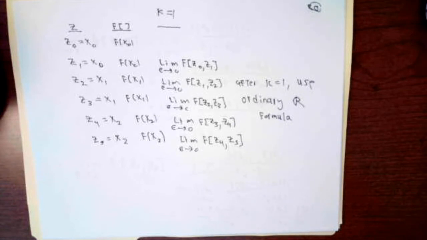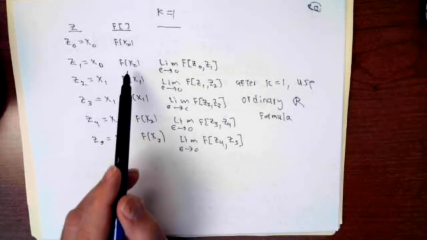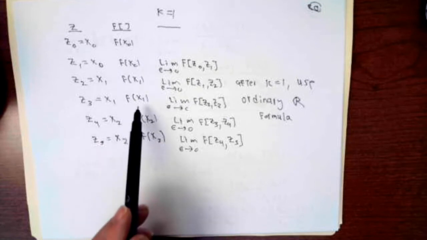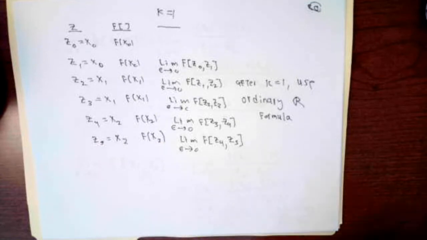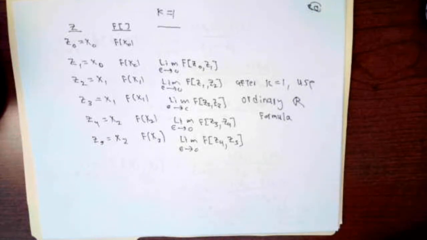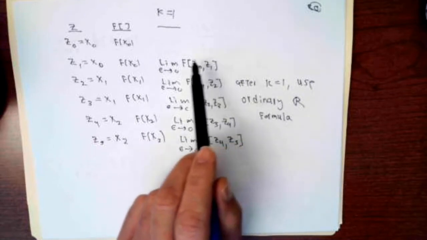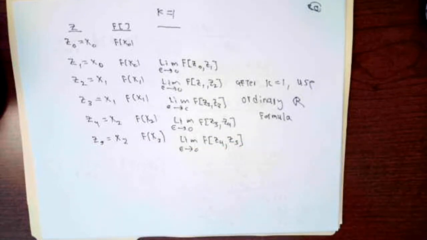Since we're assuming that our function f is at least continuous, when I take the limit of f of x something plus epsilon, as epsilon tends to 0, I just get back f of x0, f of x0, and so on and so forth. After column k equal 1, everything's done as usual. So we have to worry about what to do with these quantities, which is what we're going to talk about next.